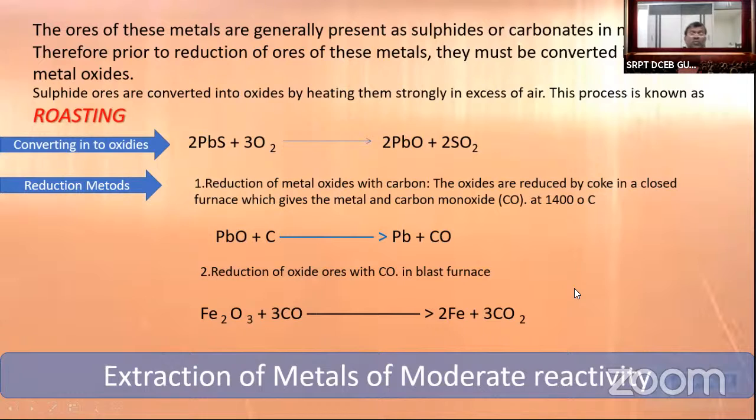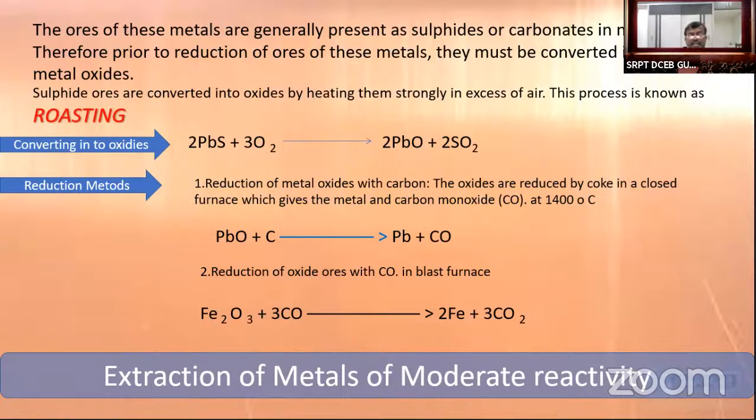This is also done in a blast furnace, where the calcination and the roasting process will take place simultaneously, and of course the purification also can be done in the blast furnace. That we will learn in our coming classes. This is one method, using the coke as a reducing agent and using carbon monoxide as a reducing agent.